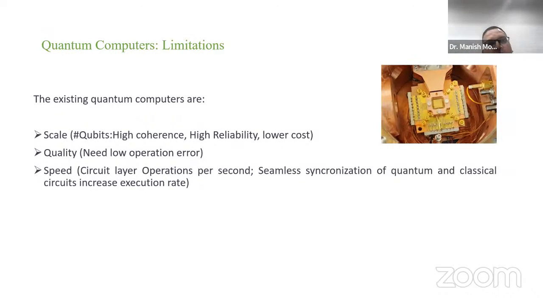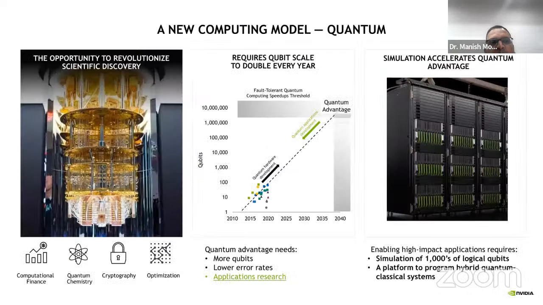But as I showed, at a time 1 state will go in the classical computer, whereas in quantum, many states can go together. So speed is also key. Because of that, right now we are not able to solve many problems, which should be solvable with a quantum computer. That's the expectation, right?